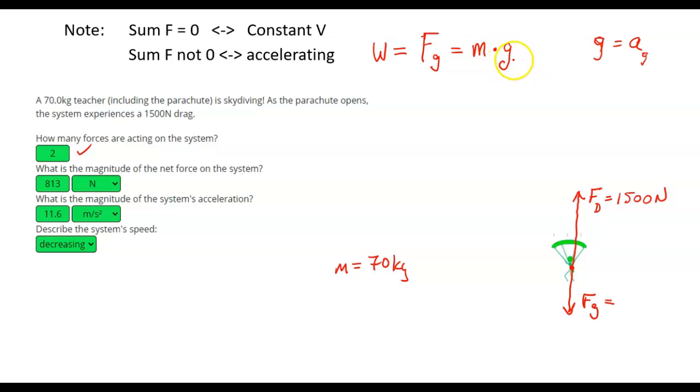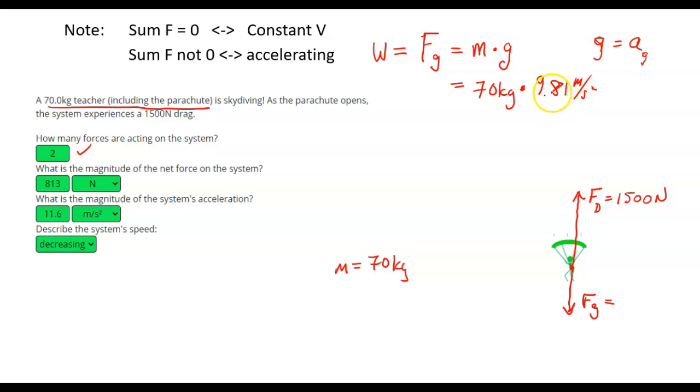Which on Earth is 9.8. So our weight on Earth, or the force of gravity that an object has on Earth, is the mass of the object, which in this case is 70 kilograms. Let's say 70 kilogram teacher and parachute. So 70 kilograms of mass times 9.8 or 9.81, whatever you like, meters per second squared.